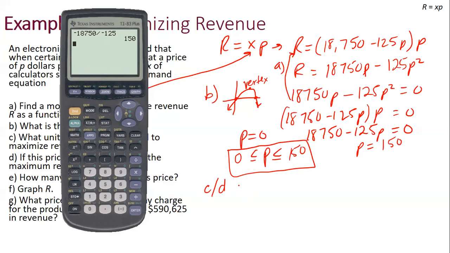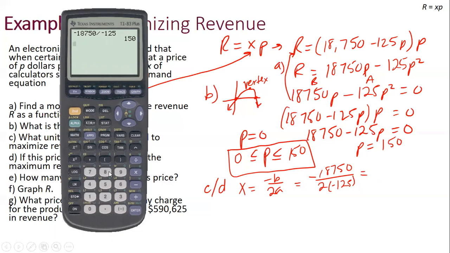And so the vertex formula, X equals negative B divided by 2A. When I look right here, my B is 18,750 and my A is negative 125. Do we see that? So I plug those in. I have negative 18,750 divided by 2 times negative 125. And that gives me a number.